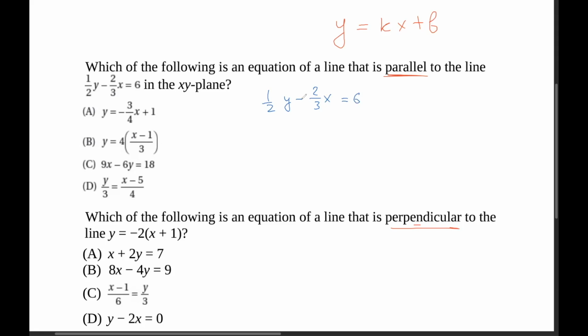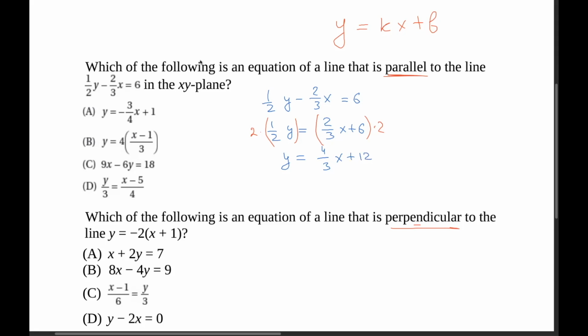To find y: 1 over 2y is equal to 2 over 3x plus 6. Let's multiply both sides by 2 because we need to find y. You will get y is equal to 4 over 3x plus 12.